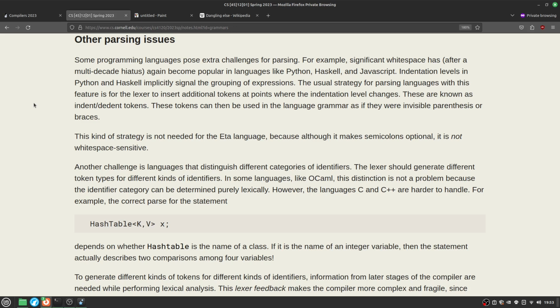Indentation levels in Python and Haskell implicitly signal the grouping of expressions. The usual strategy for parsing languages with this feature is for the lexer to insert additional tokens at points where the indentation level changes. These are known as indent-dedent tokens. These tokens can then be used in the language grammar as if they were invisible parentheses or braces.